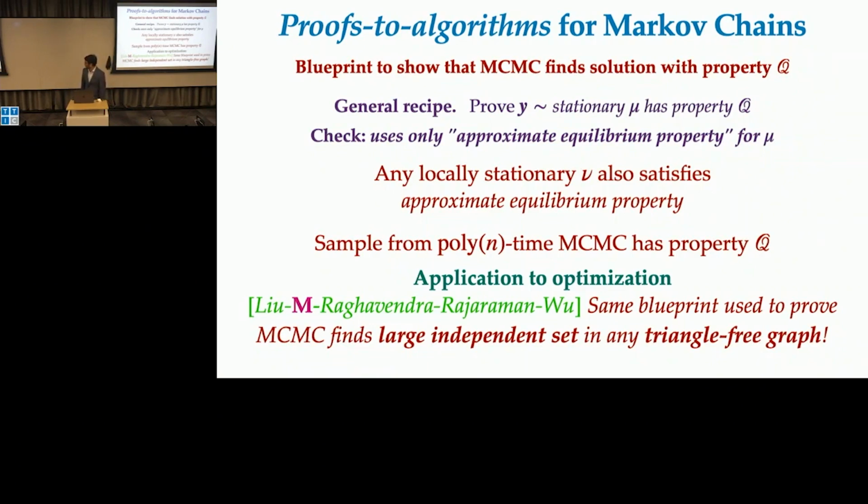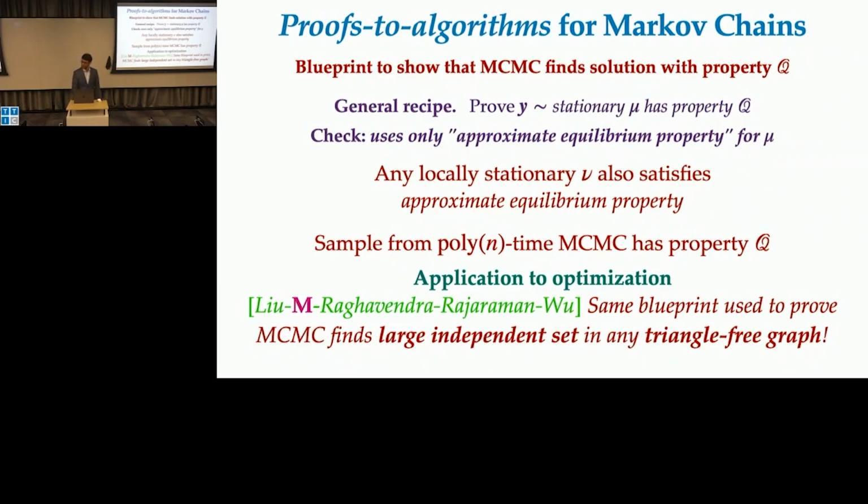In particular, we'll be able to show that a Markov chain whose stationary distribution is the uniform distribution of independent sets in a graph finds a large independent set as long as the graph is triangle-free. And actually here the sampling problem is straight up NP hard, but you're still able to imitate one of the properties of this distribution, which is the size of the independent set.